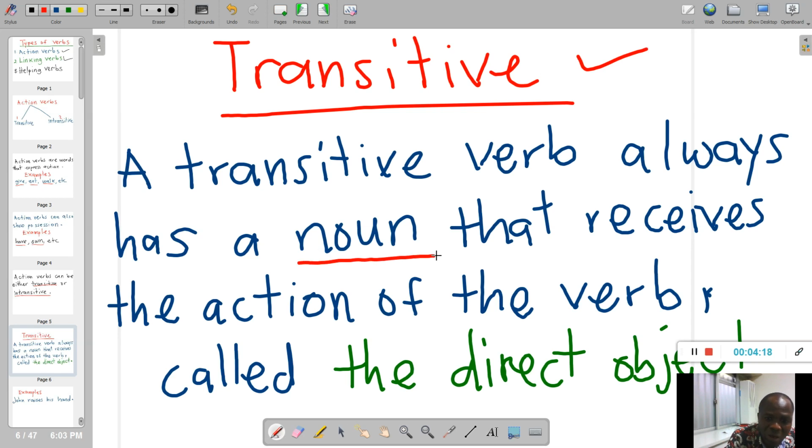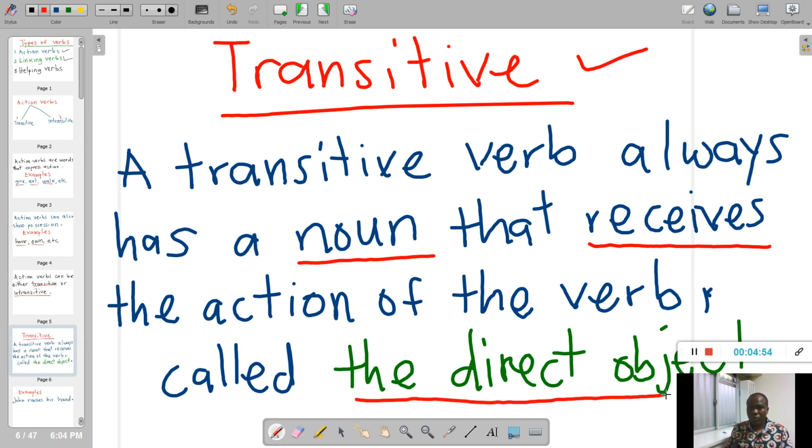Remember, a noun is the name of a place, a person, an animal, or a thing. So a transitive verb always has a noun that receives the action of the verb. Remember this word, receives. This is very, very important. When a noun, in English, receives an action of a verb, it is called a direct object.